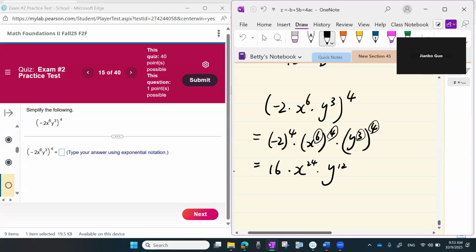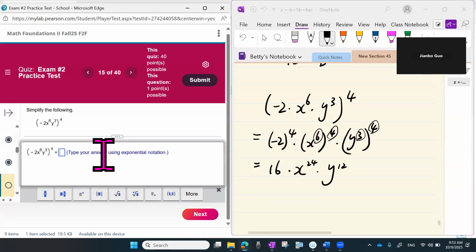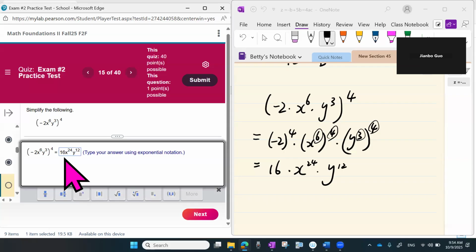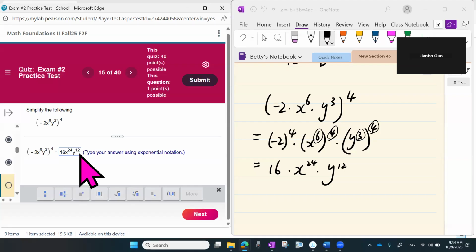We have 12. And the answer is 16 x to the power of 24 times y to the power of 12.